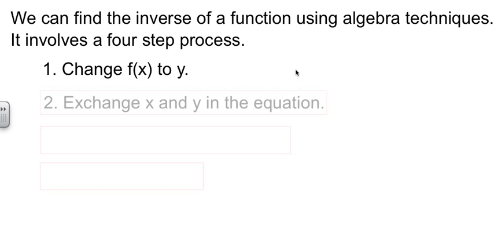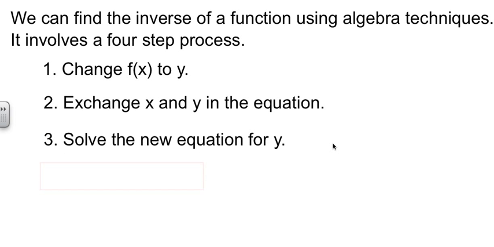Now, step 2 is to exchange x's and y's. If it used to be an x in the problem, make it a y. If it used to be a y in the problem, make it an x. Just trade their jobs. Step 3 is the longest step. Solve the new equation, get y by itself, whatever you have to do to get y alone.